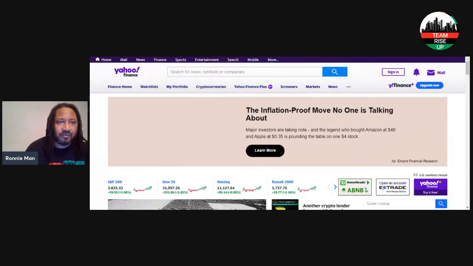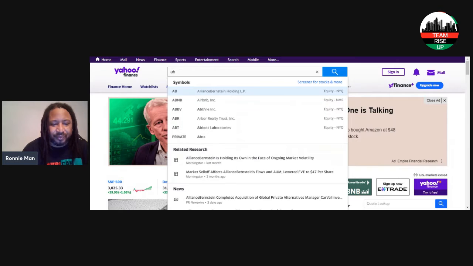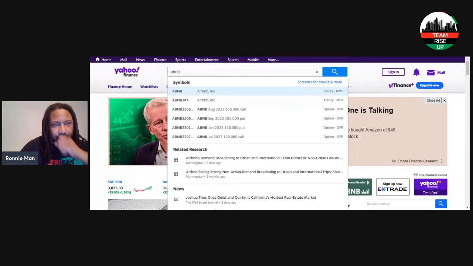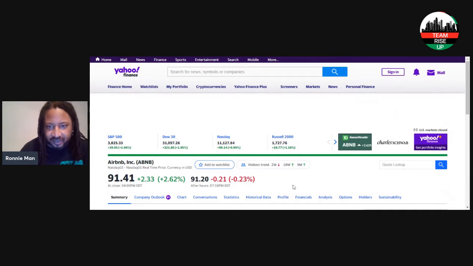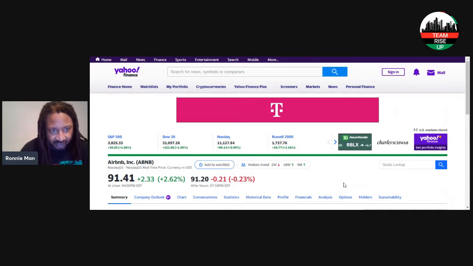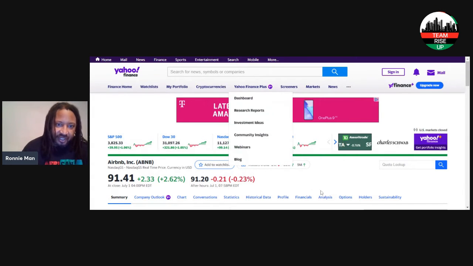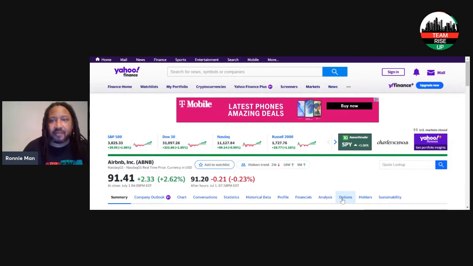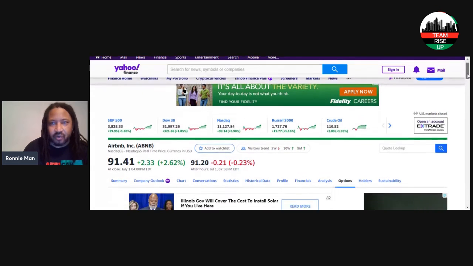So I use Yahoo Finance, very simple. I just go in. I like using their platform to track my trades, and it's really only because I'm familiar with it. So I come over here, I put in the ticker, and I come over here and go to the options chain, and we're gonna duplicate a trade that was already made.